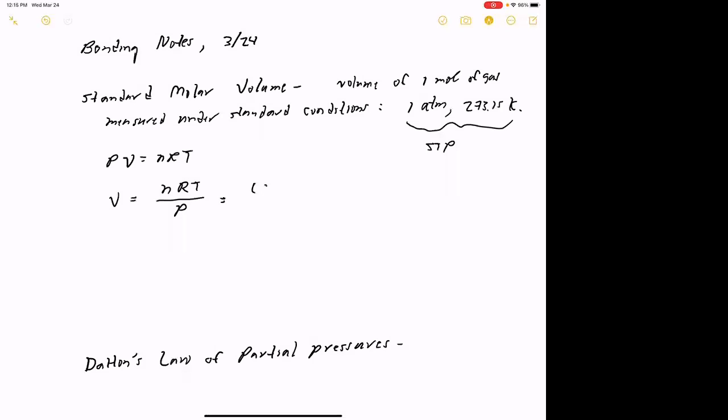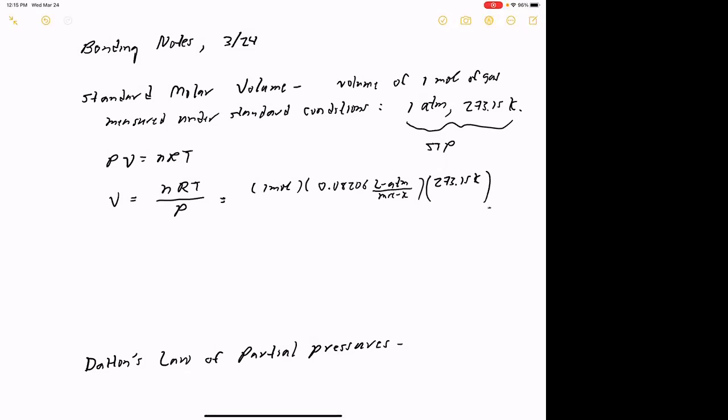Okay, so n is going to be 1 mole of my gas. R is 0.08206 liter atmospheres per mole Kelvin. Temperature is 273.15 kelvins.